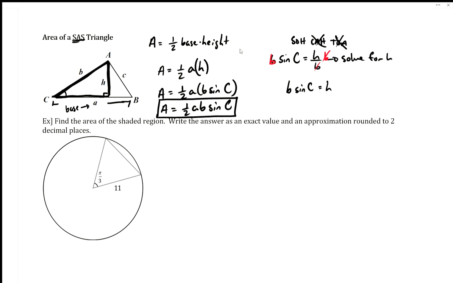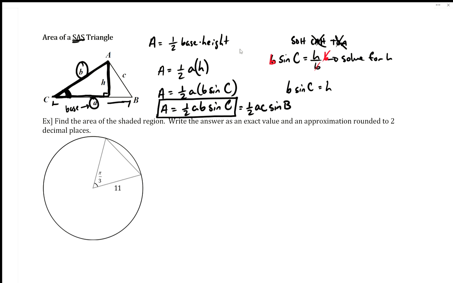Okay, so that's the area of a triangle with a side angle side. So we have that, and then the angle in between. Okay, so that's how it works. And these letters are arbitrary. You can change them. So there are others. You could do 1/2 a c and then sine of b.